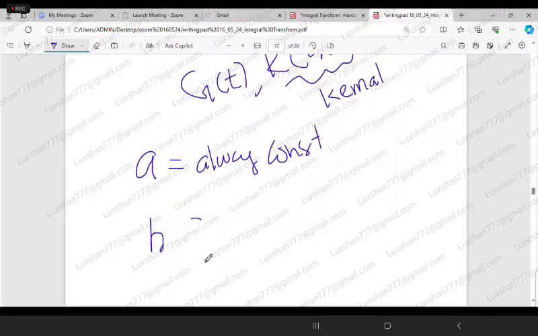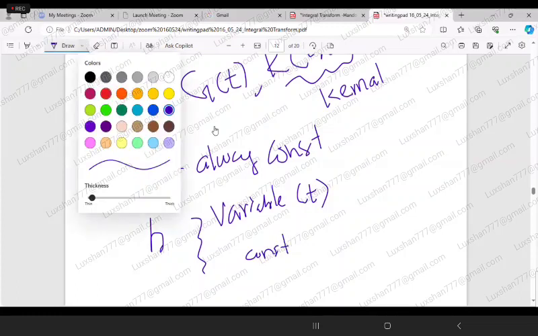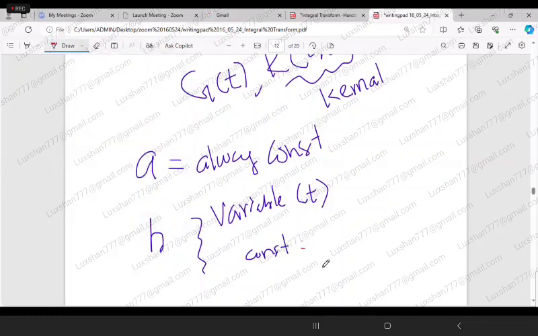For b, there are two possibilities: one is a variable, that means t, or a constant. If it is constant, we call this a Fredholm equation, the special name we are giving. If it is variable, we call this a Volterra equation.